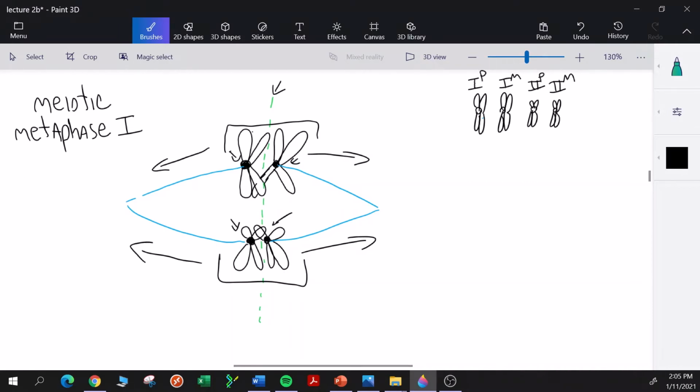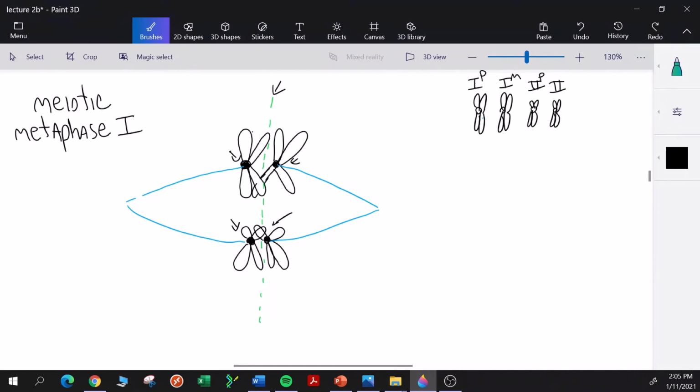Another thing I wanted to point out is that we don't really know if this one over here is, say, 1P, and then this one is 1M, or maybe this one's 1M and this one is 1P.